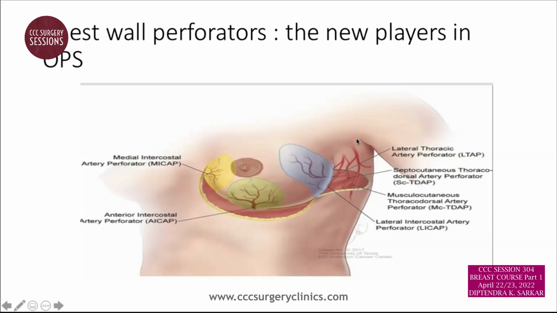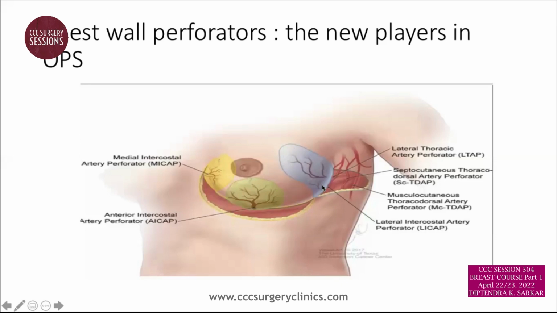So you see, you have here the lateral thoracic artery perforator, which comes out from this area and supplies this large amount of breast tissue, including the overlying skin. So you can use this amount of tissue to fill up a defect that has happened here.